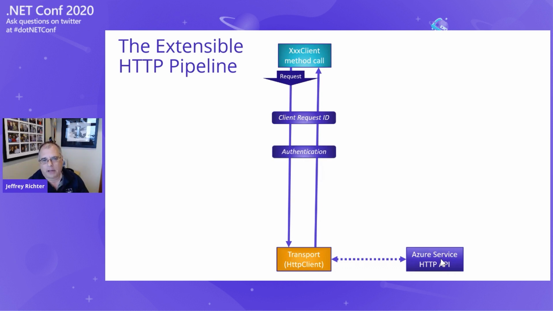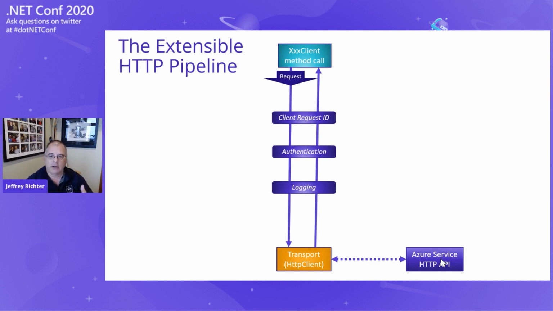Another policy in the pipeline is the authentication policy. This one typically adds the authentication header into the request using the credentials that were passed into the constructor when you newed up the client object in the first place. The next policy is the logging policy. This policy will notify you, after you configure this, that a request is about to be sent over the wire.